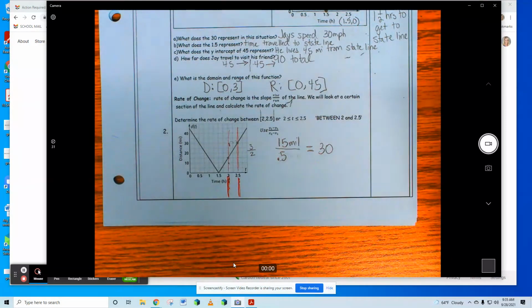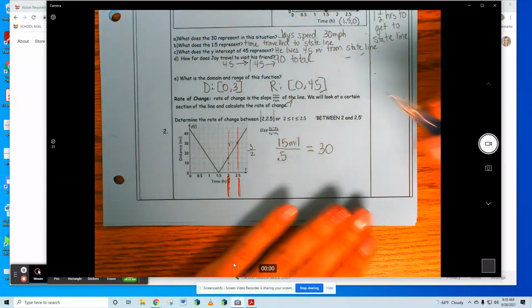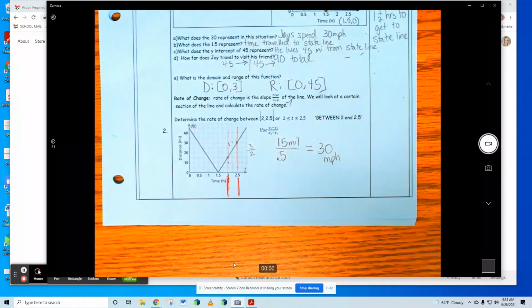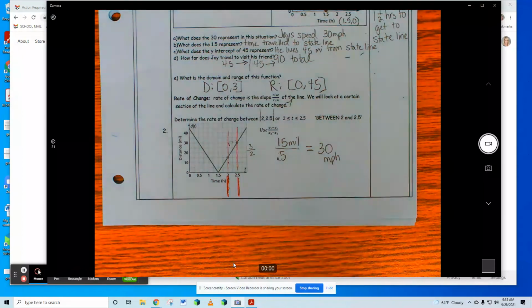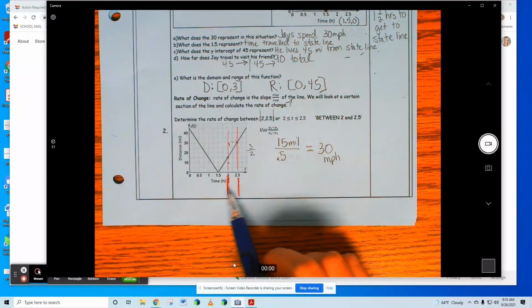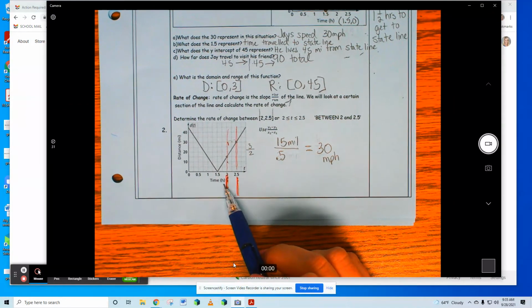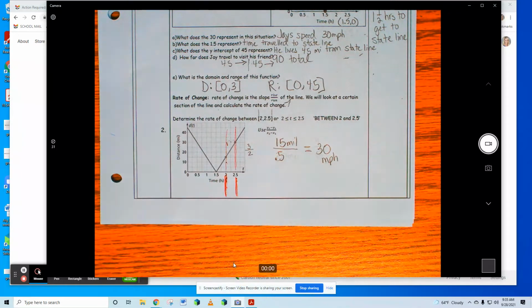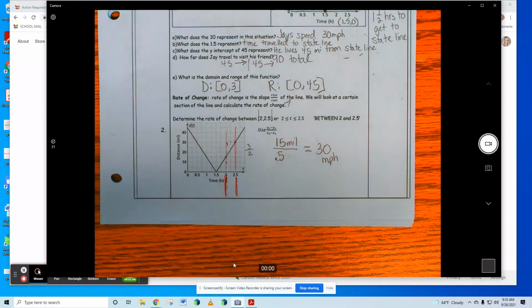Okay. Sorry. 30. And that was actually my miles per hour, wasn't it? That was my rate, how fast he was going too. Sorry. I needed to change them both to hour because I'm not going by minutes down here on my time. I'm going by hours. So I need to make my time match up. Okay.